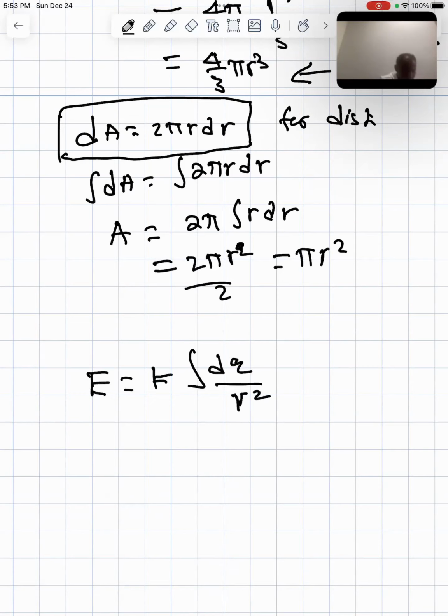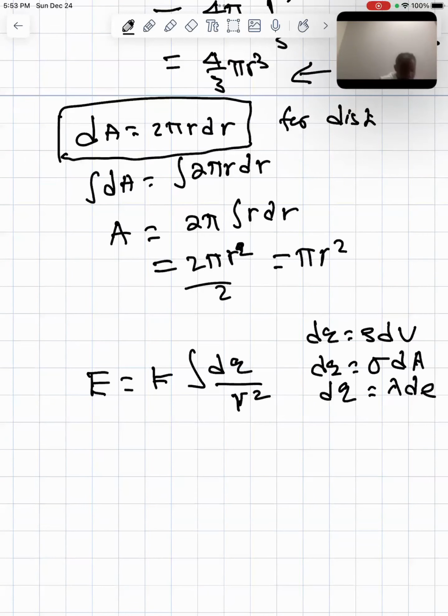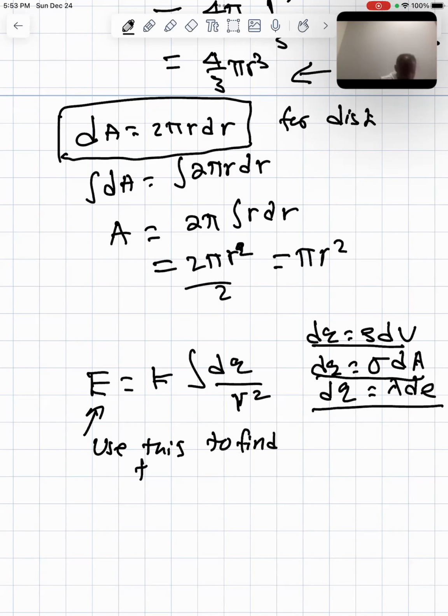Now dq is nothing else than rho dV, or sigma dA, or lambda dL, for 3D, 2D, and 1D systems. Use this to find the electric field for a continuous system.